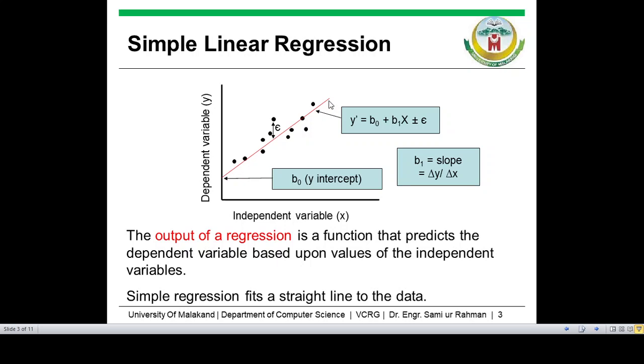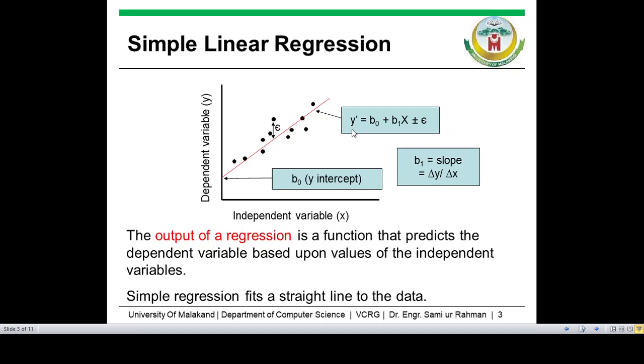So the equation for this line is y prime is equal to b0 plus b1x plus or minus e, where e means error. Now what is b0 and b1? So b0 is the y-intercept and b1 is the slope, and slope is equal to change in y divided by change in x. So this line is now our mathematical model for these observations.